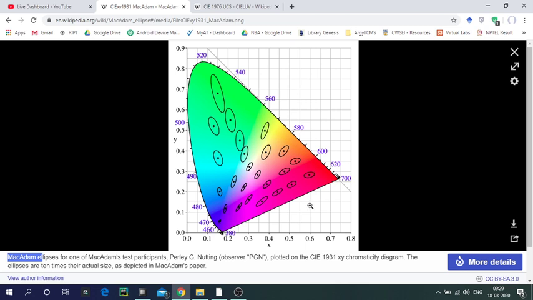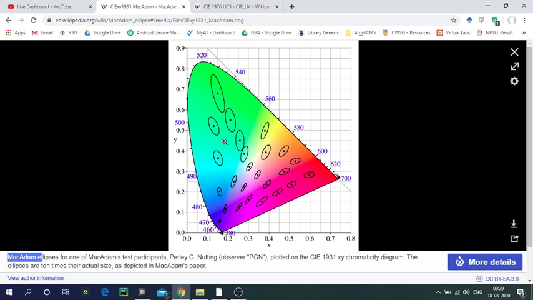From this experiment that McAdams did, he observed that in the CIE XY chromaticity coordinate space, equal distances in this chromaticity diagram do not mean equal difference or equal distance between colors to the human eye.